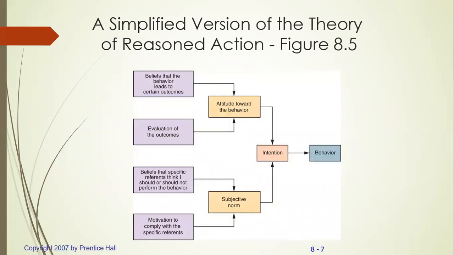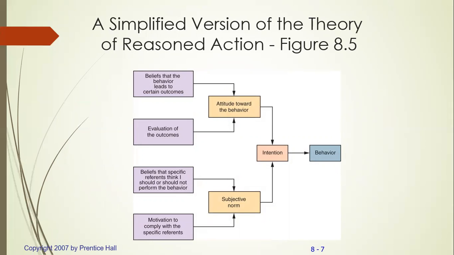Now, if you look at the simplified version of the theory of reasoned action, there is behavior, and behavior consists of intention, and there are two things: attitude toward the behavior and, below it, subjective norm. Attitude toward the behavior is the belief that the behavior leads to certain outcomes.